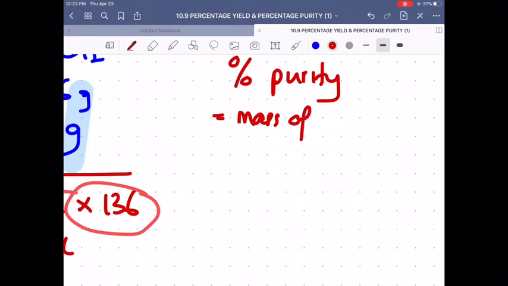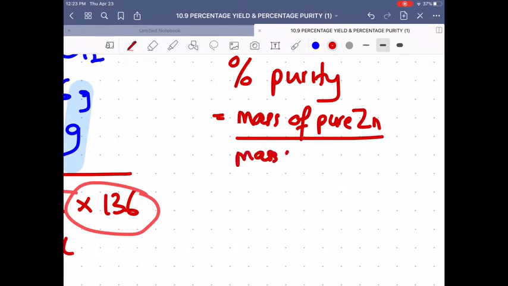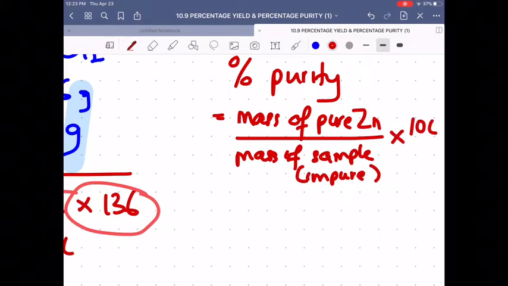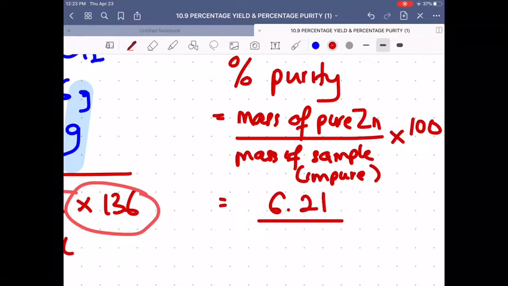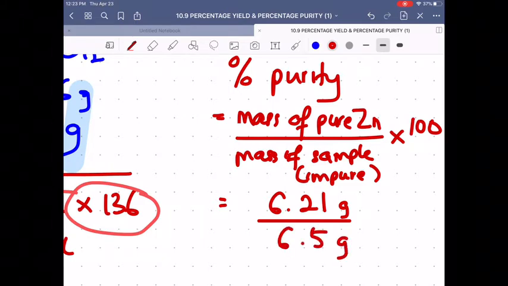So percentage purity is actually mass of pure zinc divided with mass of the sample, which is the lump, the impure one, times 100. So you just put in the value 6.21 we got from our calculation, divided with 6.5 gram times 100%.